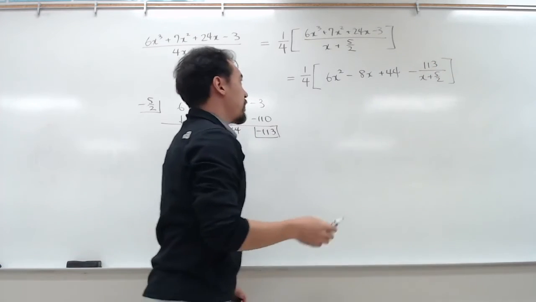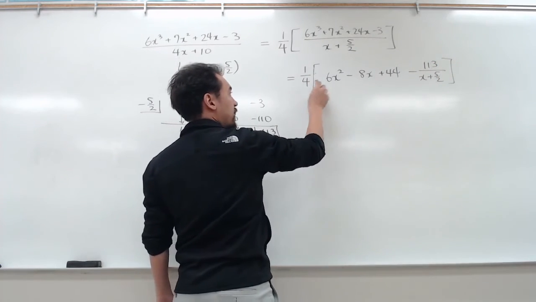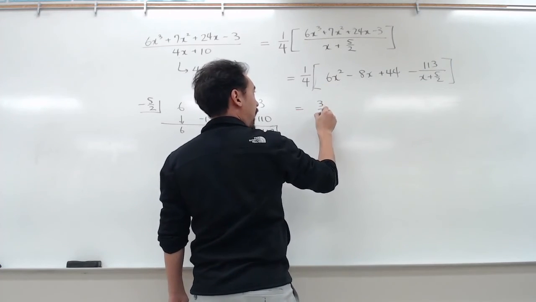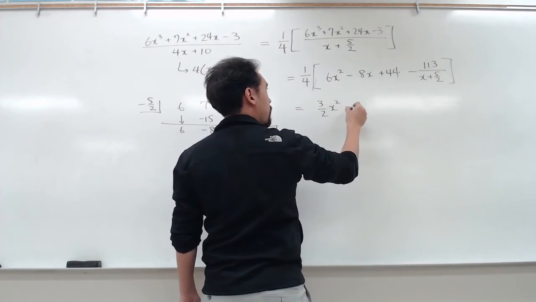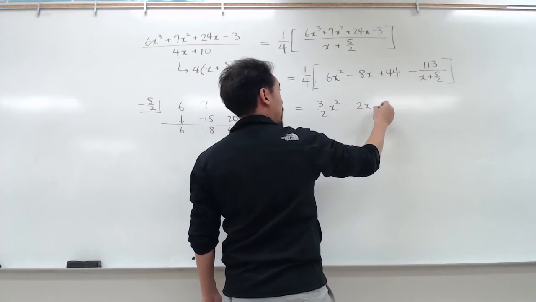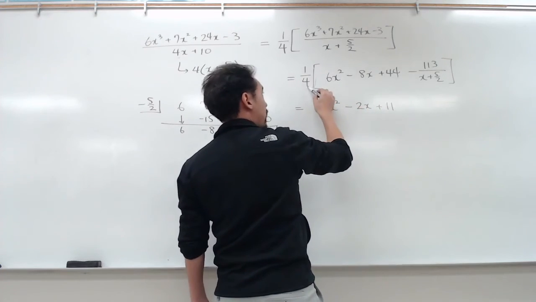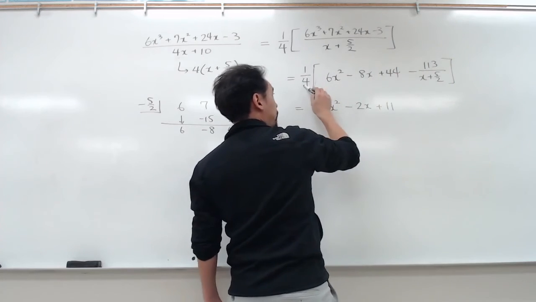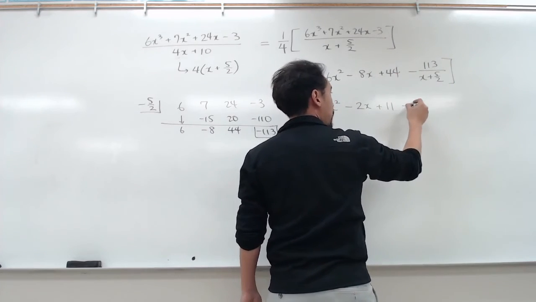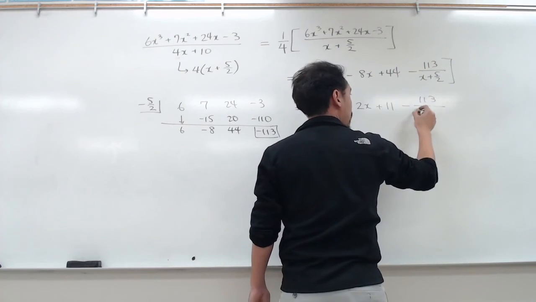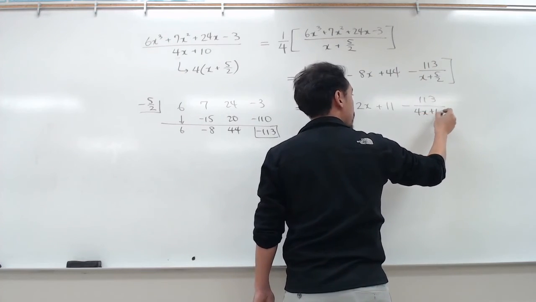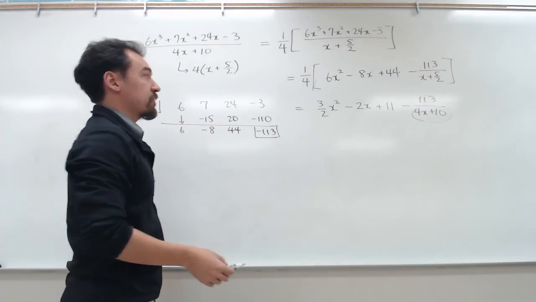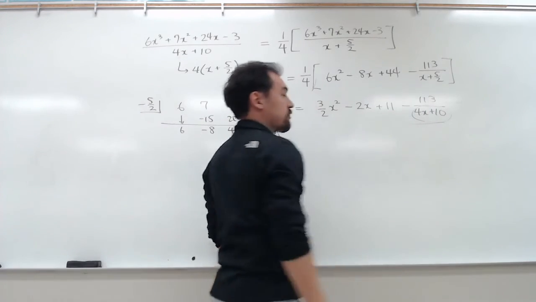And the final step will be to take this 1/4 and distribute it to all the terms, which will get me 3 halves x squared, then minus 2x, then plus 11, and then, like I did last time, I'll multiply 1 to the numerator and 4 to the denominator, which will get me, on the bottom, 4x plus 10, and now the denominator matches my original divisor. And this is the answer.